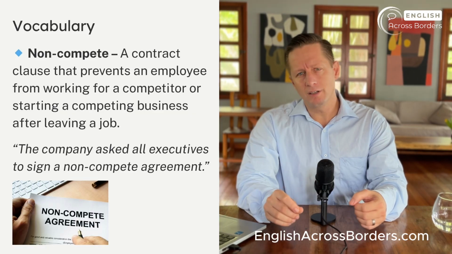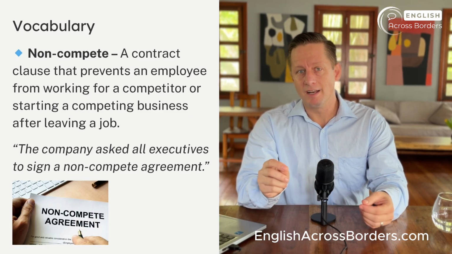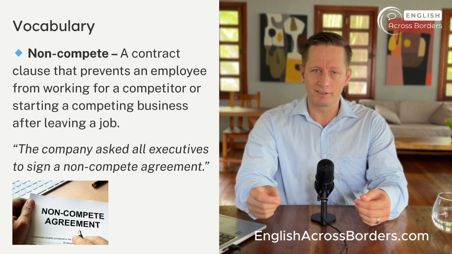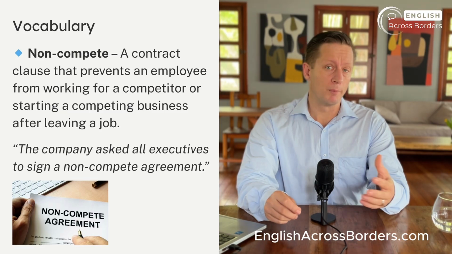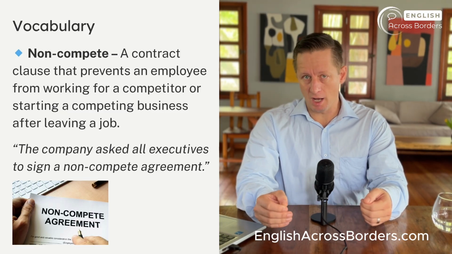Now, let's look at another common clause in employment contracts: non-compete. A non-compete is a clause that restricts the employee's ability to work for a competitor or start a similar business after leaving a job.